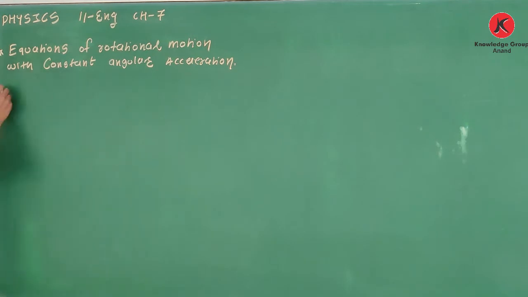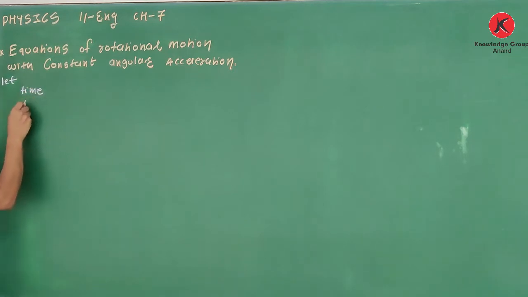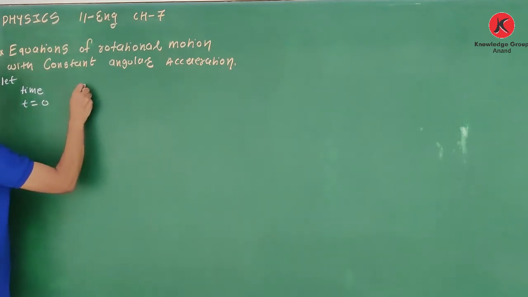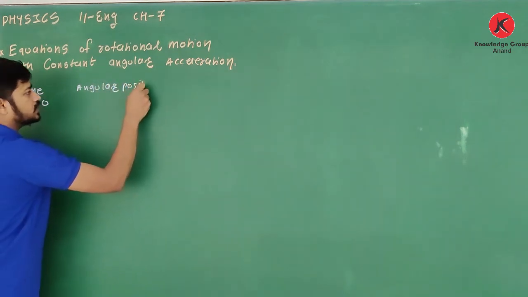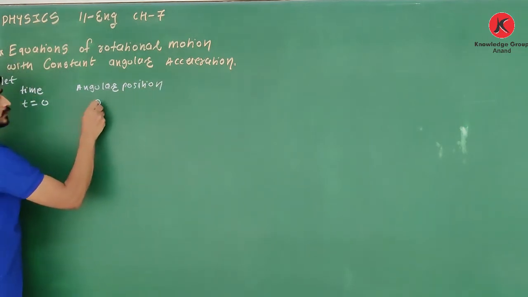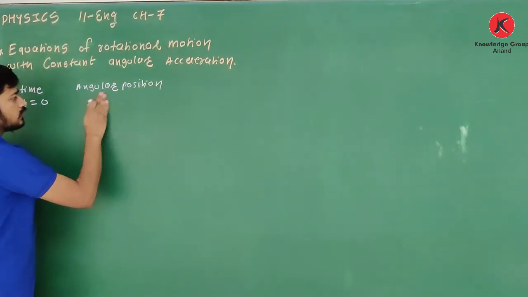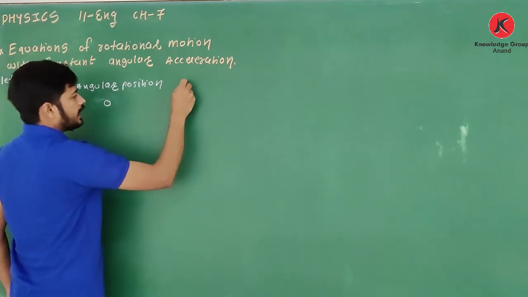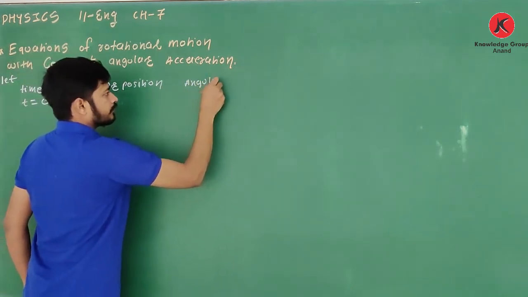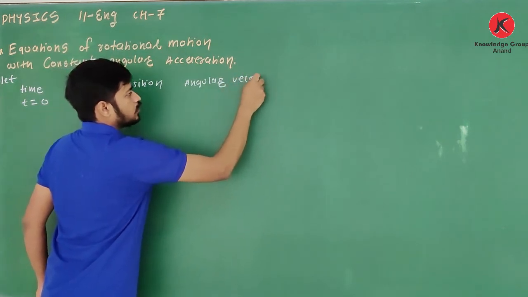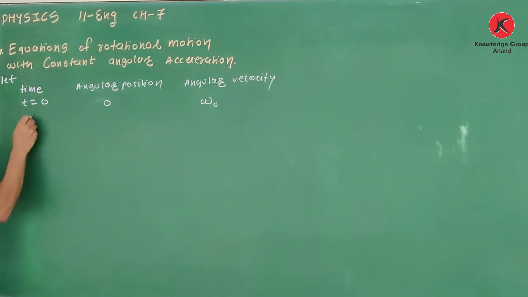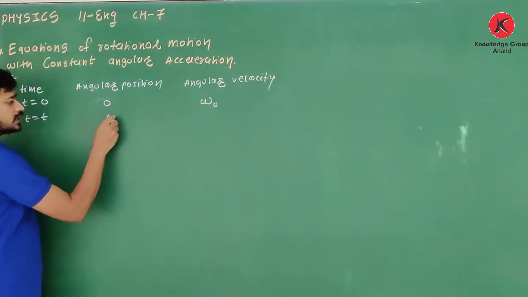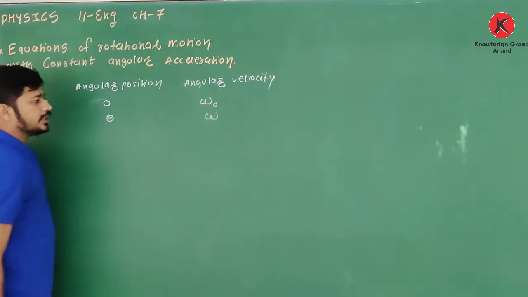See, we are assuming let at time t is equal to 0, angular position is theta is equal to 0, and angular velocity is omega 0, and at time t is equal to t, its angular position is theta and angular velocity is omega.